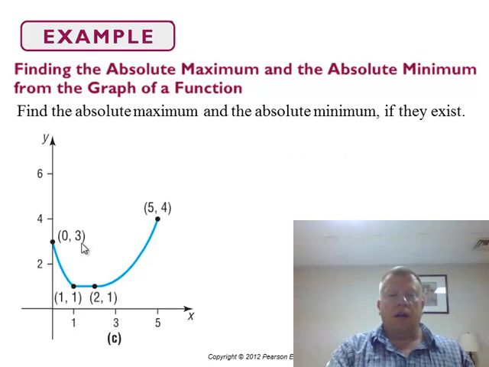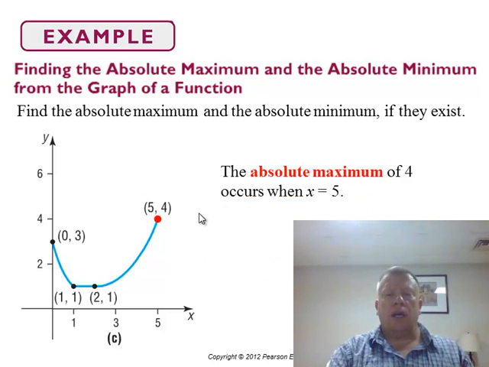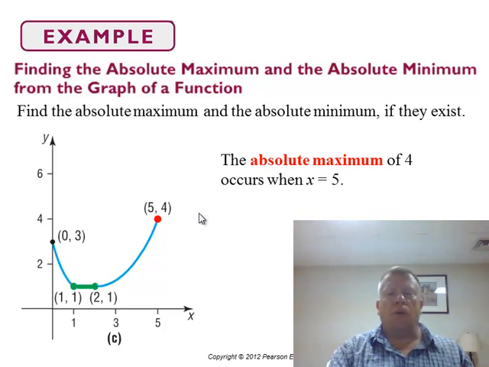All right, how about this graph right here? This graph, some function with the domain from 0 to 5, the range that goes from 1 to 4. Now, we could easily pick out the absolute maximum value at 5, 4. No problem there. But what about the minimum value? For what x value does that happen? Well, there's no one x value.